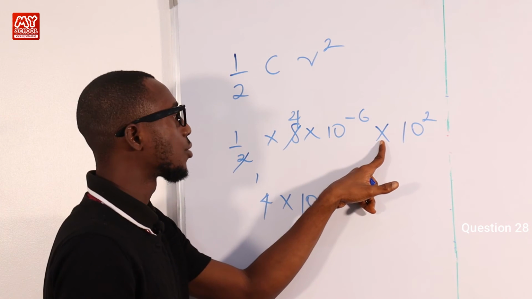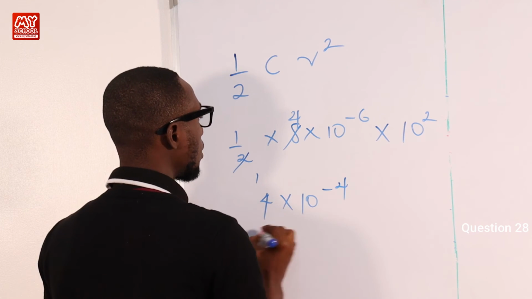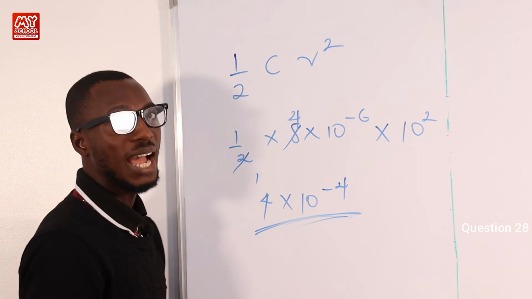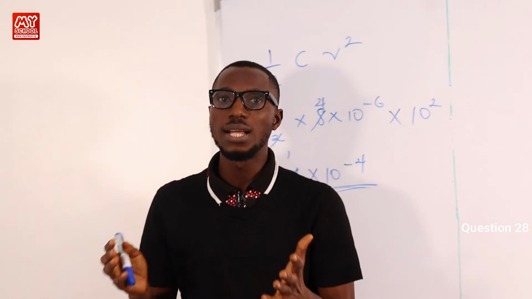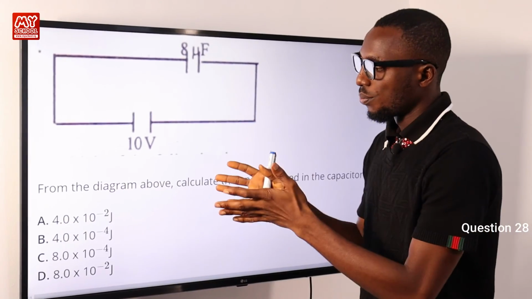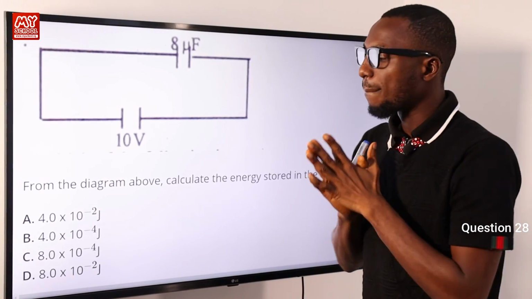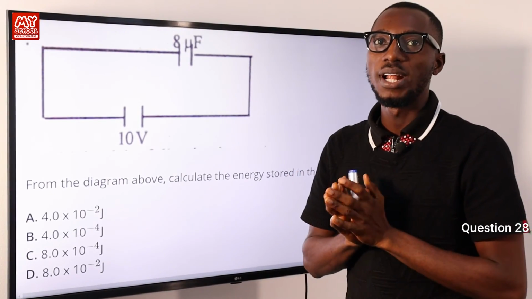This changes to plus, so minus 6 plus 2, that is minus 4. 4 times 10 raised to power minus 4. So let's go back to our options and select the right answer. We see that option B, 4.0 times 10 raised to power minus 4 joule, is the correct option.